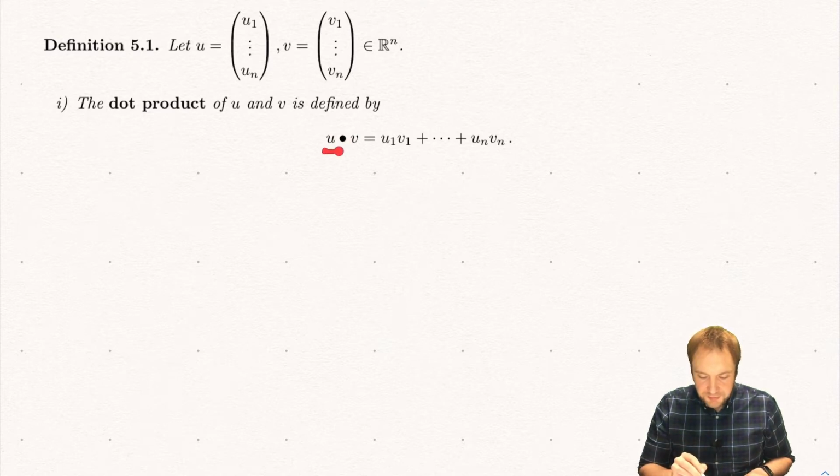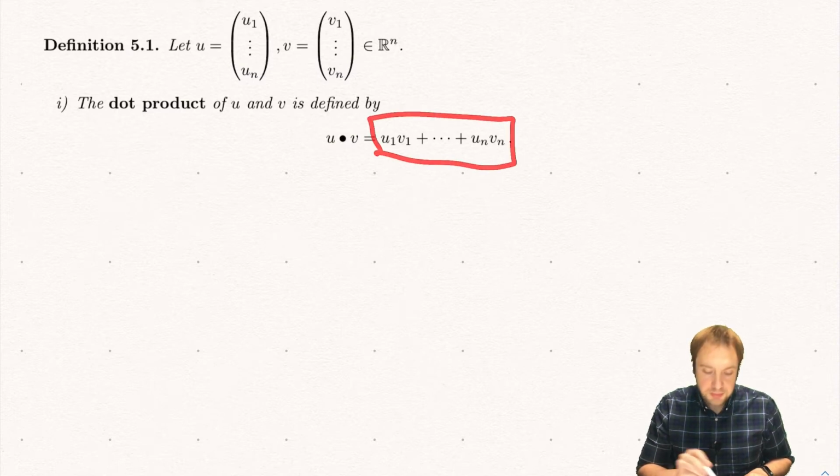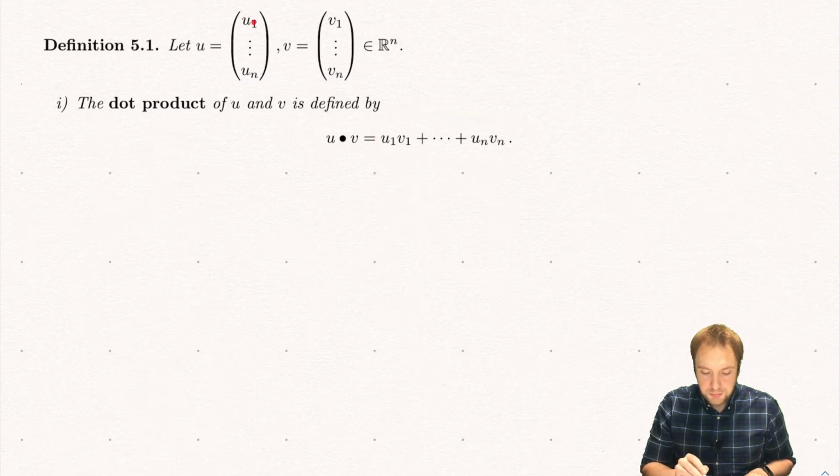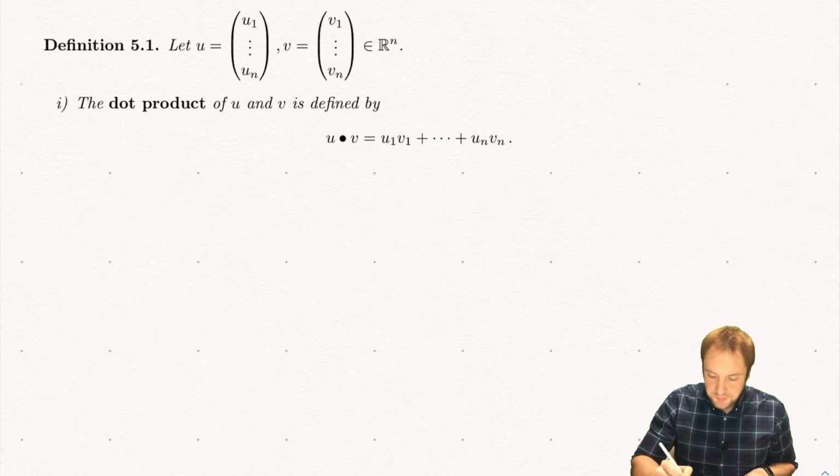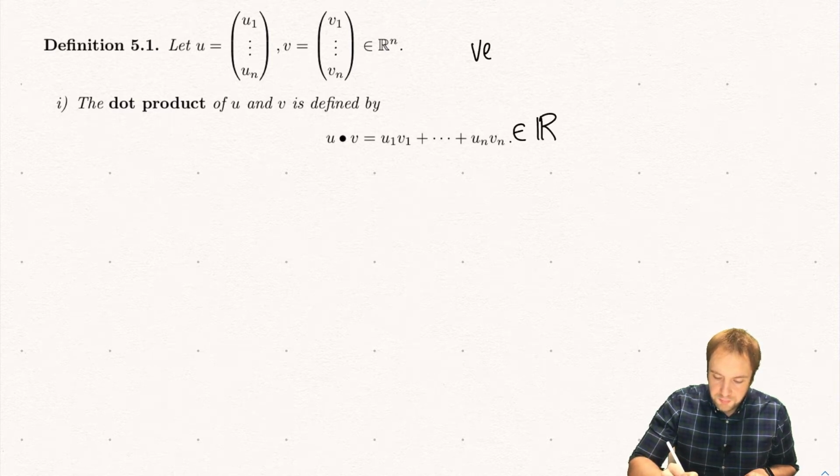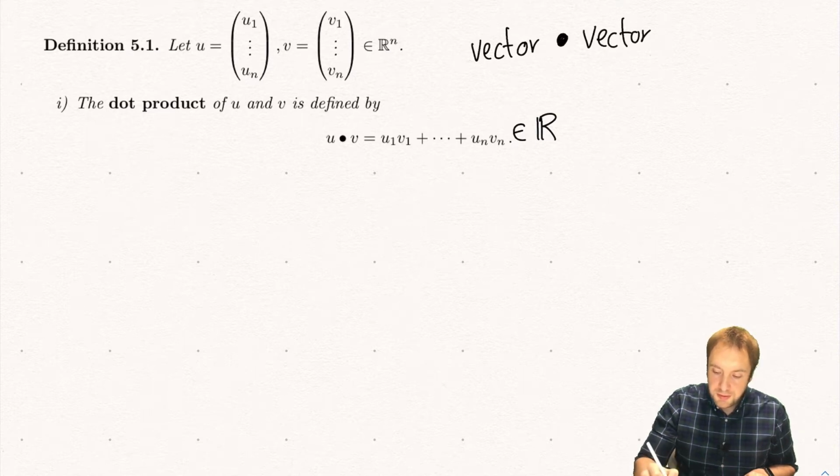And the definition is that the dot product of these two vectors is this number where we take u1 times v1 plus u2 times v2 up to un times vn. So this here is really a real number. So if I take a vector with a dot product of another vector, which needs to be the same size, then this gives a number.